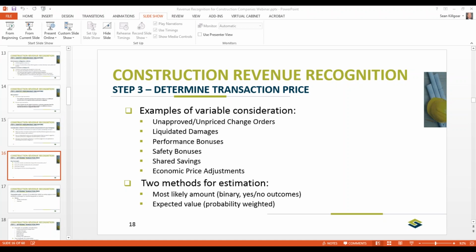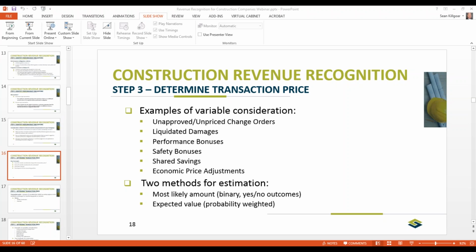Well, that concept can no longer be applied. You may still get to the same point, but you have to go through the 5-step process of determining estimations of the variable consideration with the contract price to determine whether or not you're going to include it.